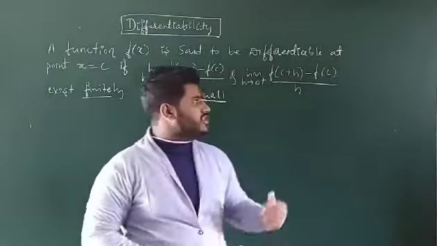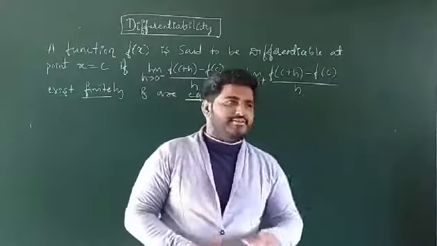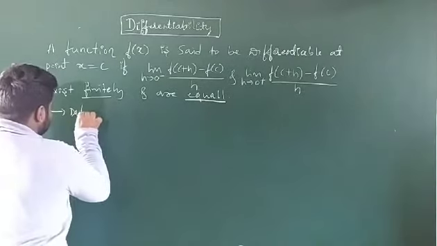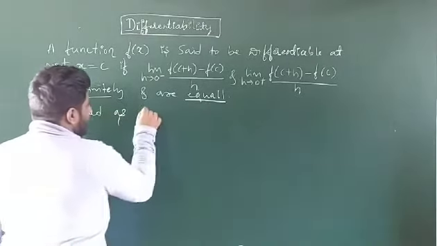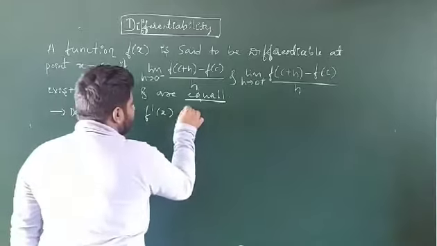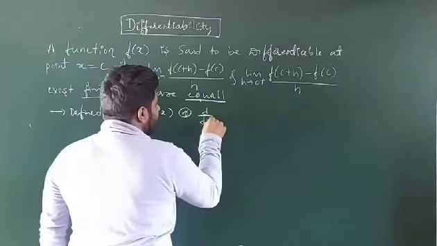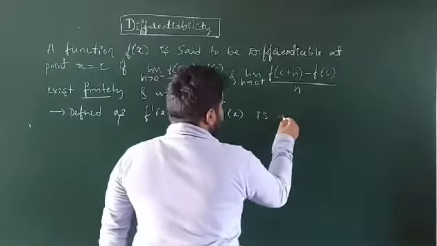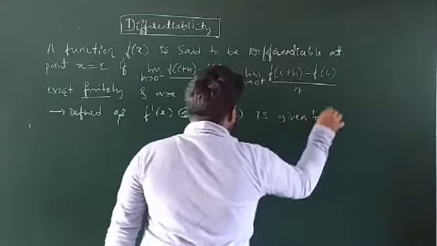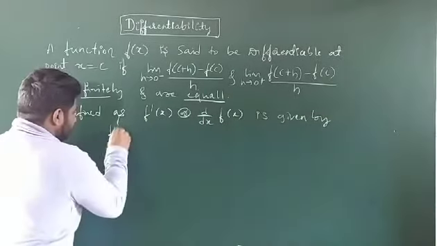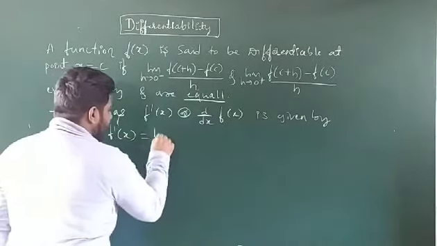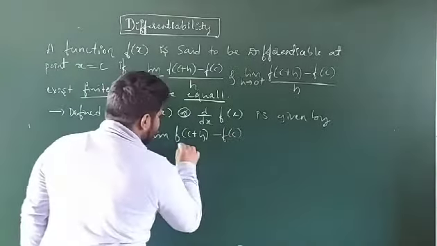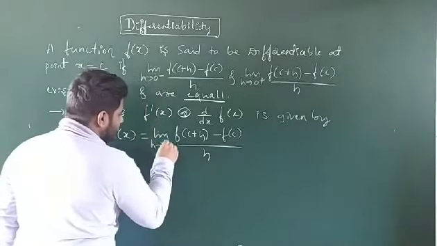So this is how the function is differentiable at a particular point, and this is defined as f dash of x or d by dx of f of x, and is given by f dash of x equal to limit f of c plus h minus f of c divided by h as h tending to 0.